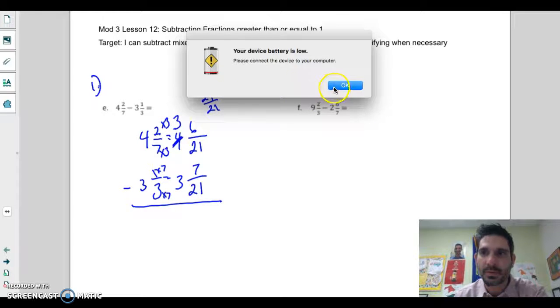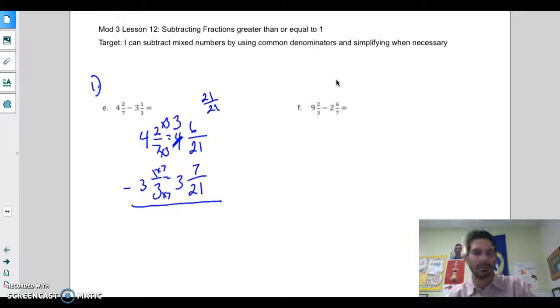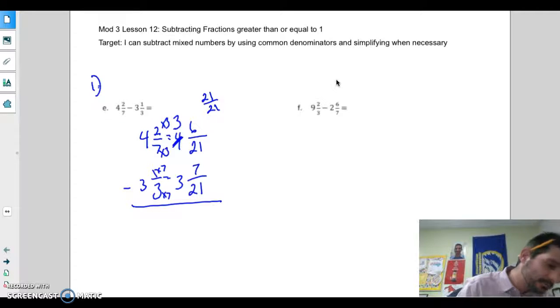And, oh no, hold on one second. How is my battery low? I have 89%. Oh my, hold on one second. Oh, shoot.